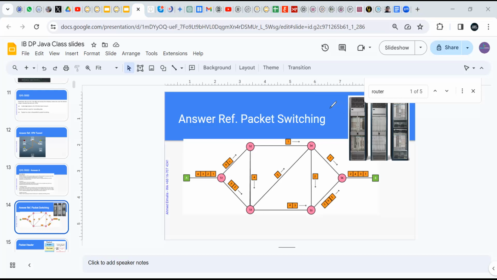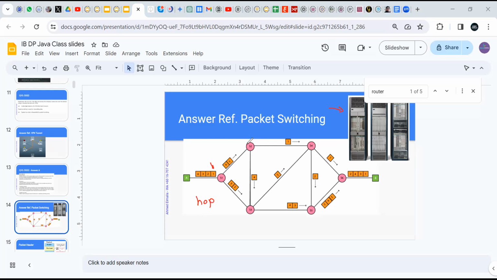This is how, in reality, the core routers of the internet look like. Of course they are not just small routers, and every packet actually has something called a hop value.